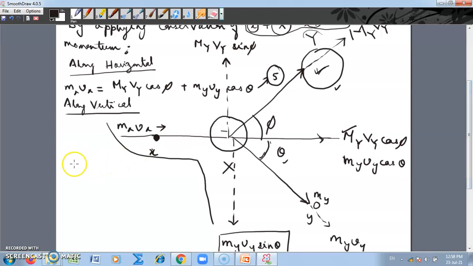We can write my vy sine phi, capital Y, capital V Y. This capital Y stands for the big ones, that is the nucleus, and the small ones are the particles. It's small letters.